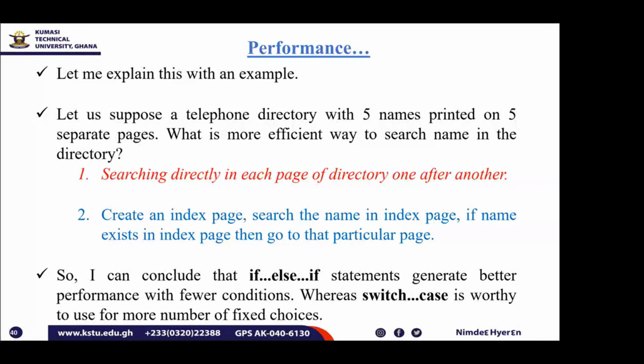Searching directly in each page of the directory, one after the other. 2. Creating an index page where you search the name in the index page, and if the name exists in the index page, then you go to the particular page.